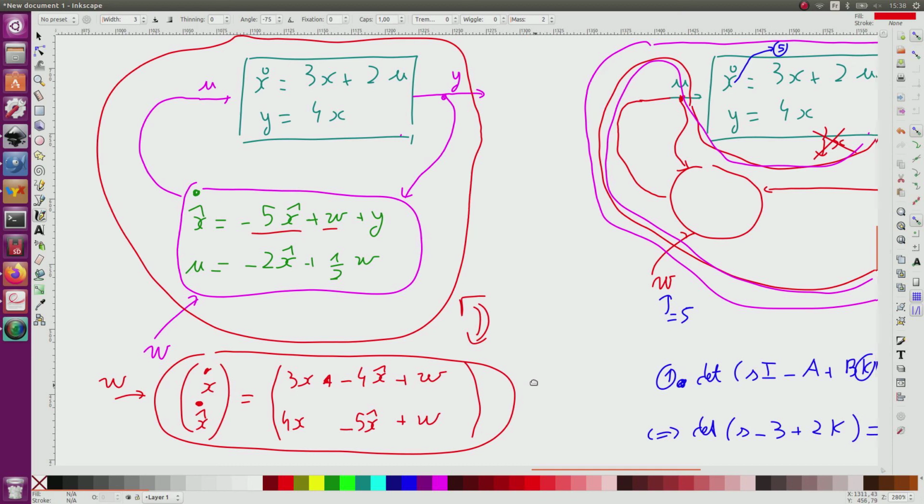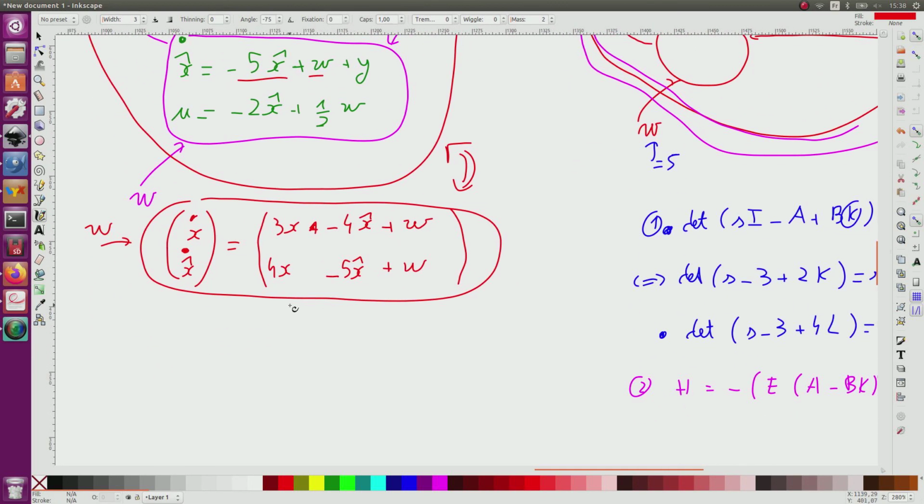Okay. So the evolution matrix of the closed loop system is 3, minus 4, 4, minus 5. If I compute the eigenvalues, I do not do it here, but if I compute the eigenvalues of this evolution matrix, I will obtain minus 1, because it is the value I have placed just before.